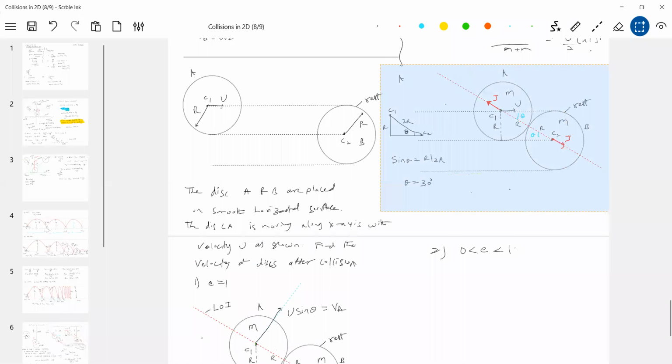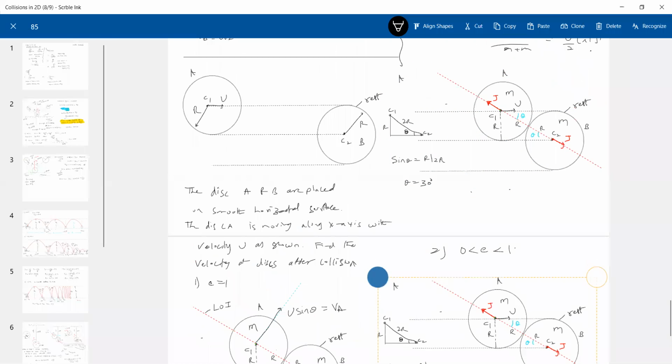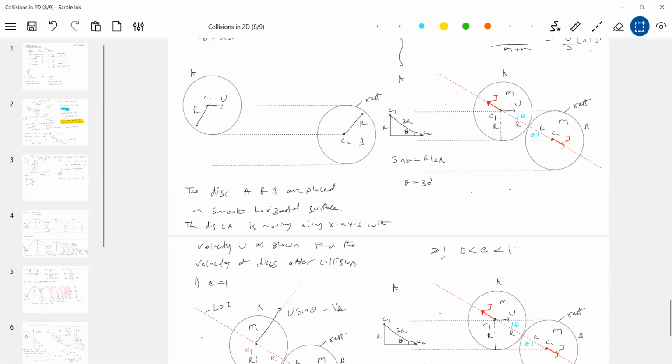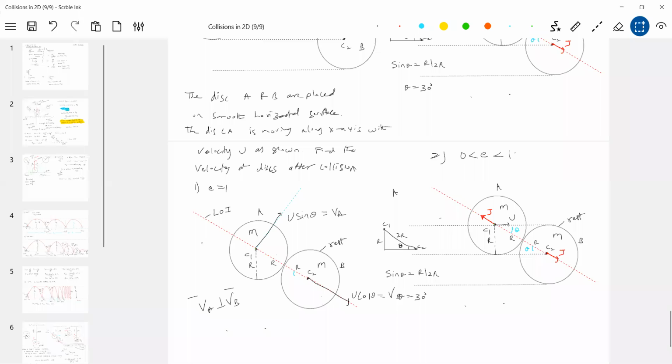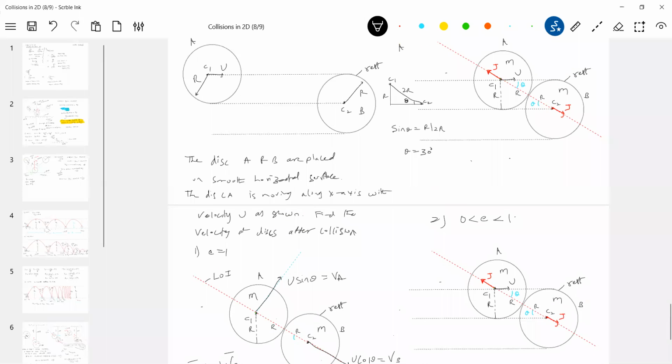Let me take total here. And then this one I'll erase. Now see things clearly. I kept two diagrams in front of you. So this impulse also I'll take out.